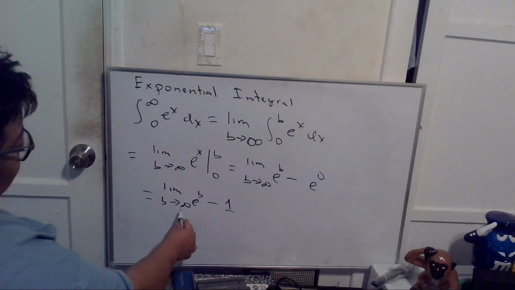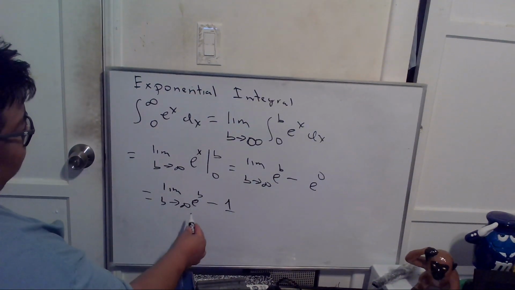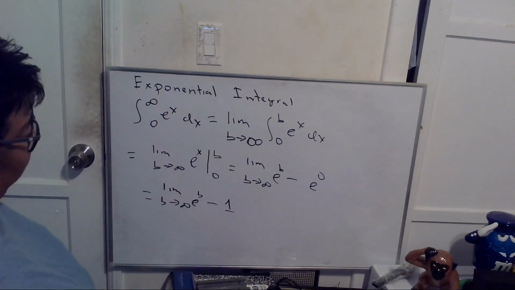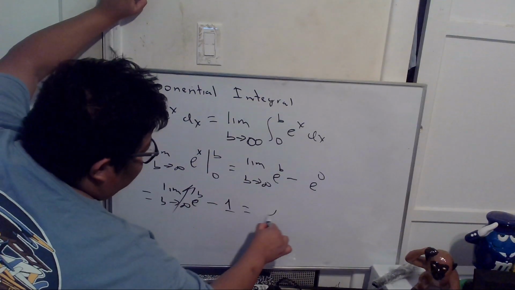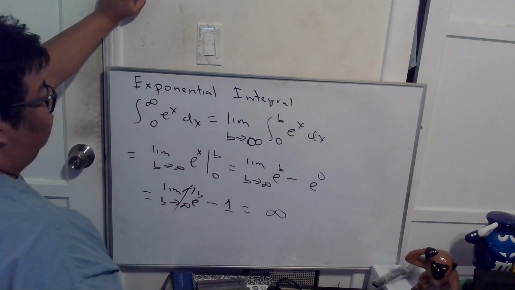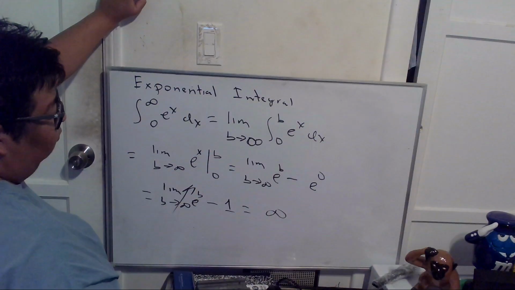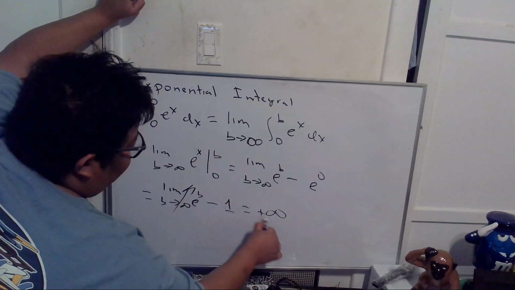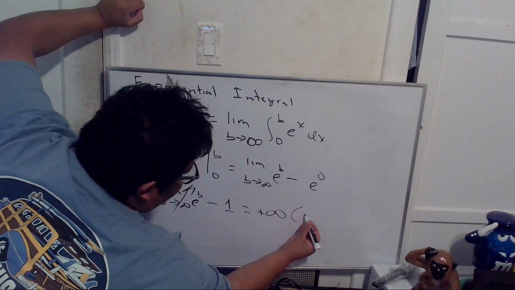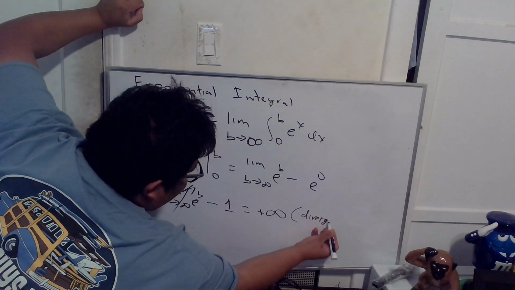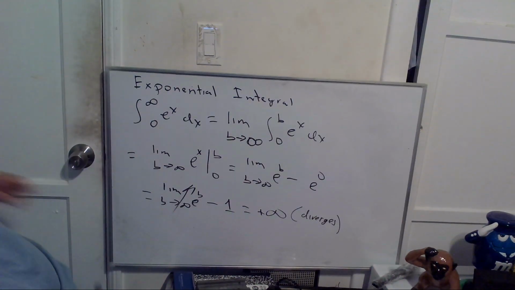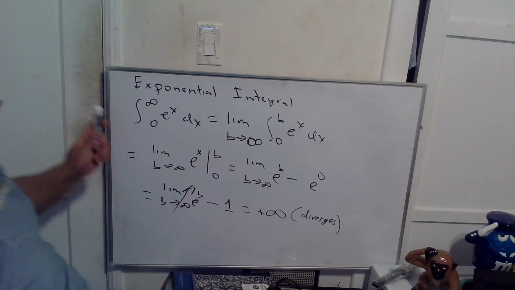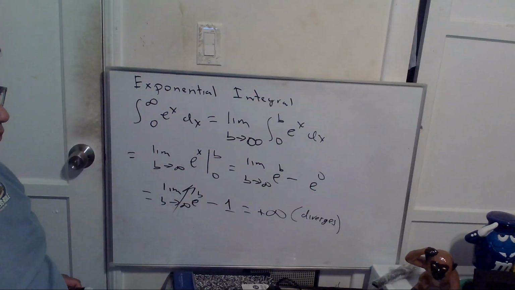And what happens as b approaches infinity to the exponential? It just grows infinitely, exponentially. So this blows up, and the whole thing is equal to positive infinity. That means that this integral diverges. So that's the second important integral.